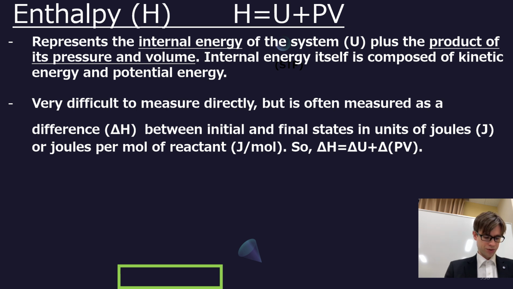It's going to have units of joules, or often joules per mole of reactant, or kilojoules per mole is fairly common. So for the enthalpy change, delta H equals delta U plus delta pressure times volume, okay? The delta difference operator is kind of just like if you apply it to the left side, it applies to everything on the right side. So delta H equals delta U plus delta PV.